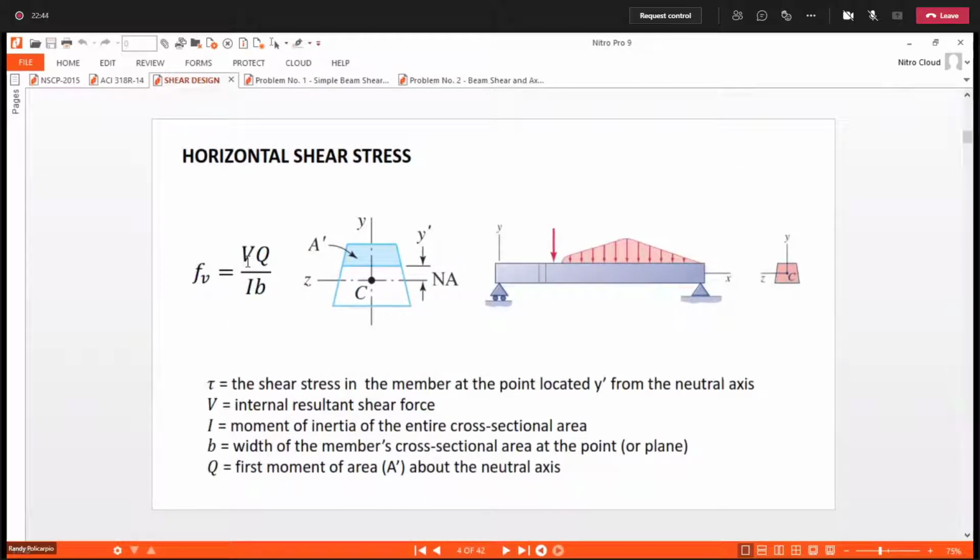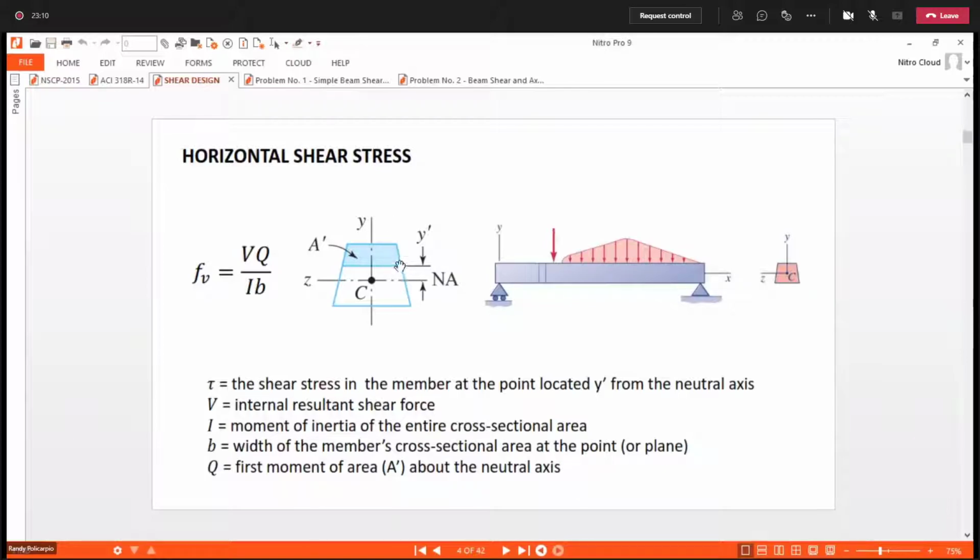Now for Q, since we're looking for the shear at this particular location, which is y prime from the neutral axis, that is its distance from the neutral axis. What we need is to get Q. And what is Q? Q is the first moment of area about the neutral axis.